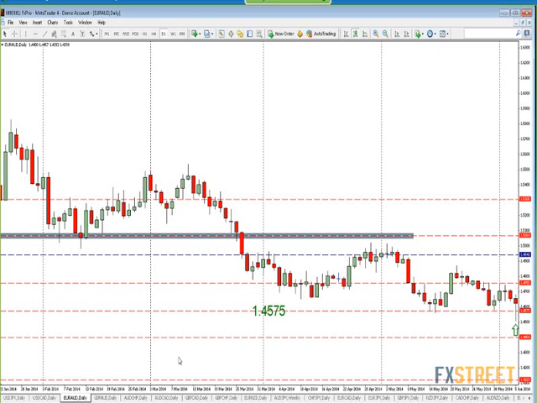But no, it's not good enough to take a trade. It's just not. Does anybody see why that would be the case? Why would I say it's not good enough to take a trade? Any ideas?